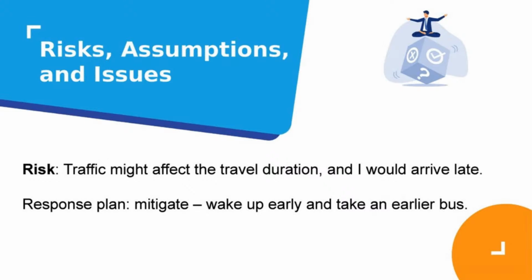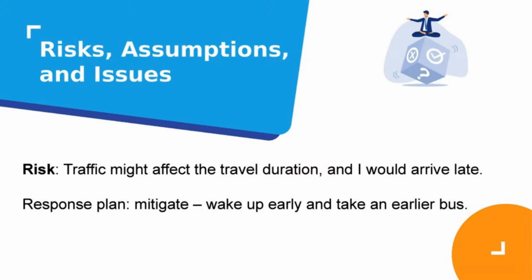I might also have a risk of traffic. The bus can get in a traffic jam and the travel duration will be longer, so I would arrive late. I can mitigate that because I can anticipate that traffic jams might happen between 7 and 8 o'clock in the morning. So you know what? I'm going to wake up a little bit early and take an earlier bus.